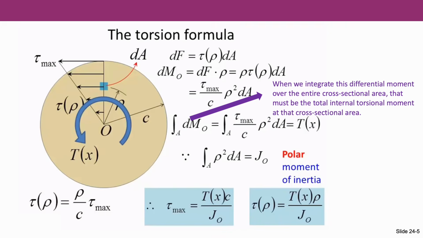Please recall from the statics course, the integral of rho squared dA is the polar moment of inertia J. Therefore, we can derive that tau max is equal to Tx, which is the internal torsional moment at this cross-sectional area at location x, times c, the radius, divided by J, the polar moment of inertia. As a result, the shear stress tau at any arbitrary position rho is equal to Tx times rho over J, the polar moment of inertia. And this is known as the torsion formula.